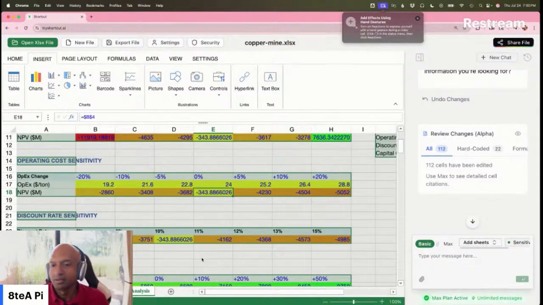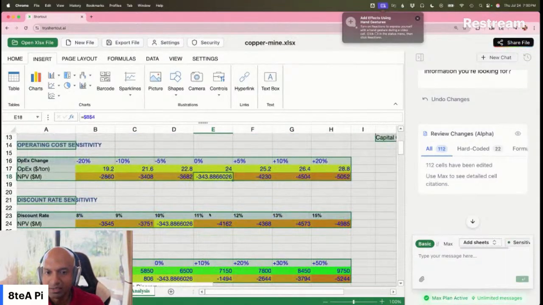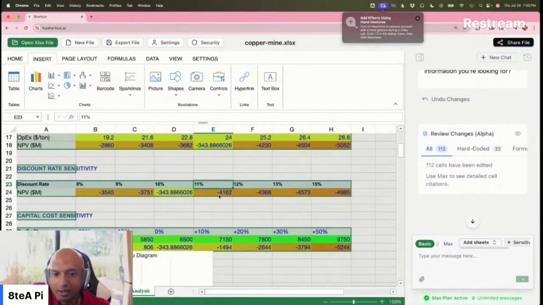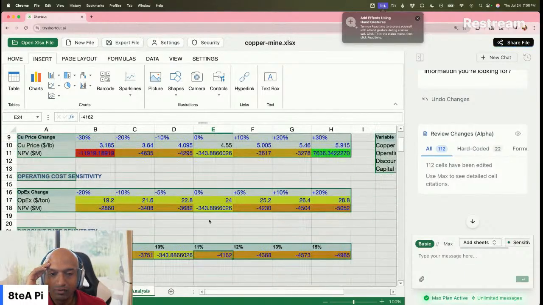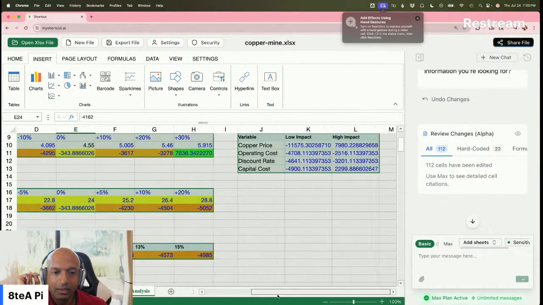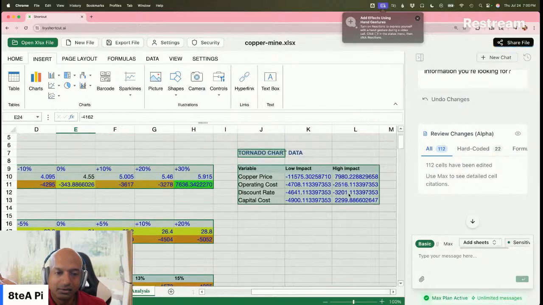And we have the discount rate sensitivity, valued at different discount rates. That's off the base case, I guess. Where did this come from? Again, there's no link. So I strongly dislike all of these hard-coded numbers. I have no idea whether these are correct now. It needs to be rechecked.